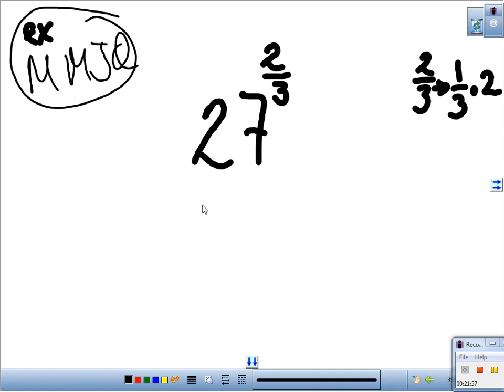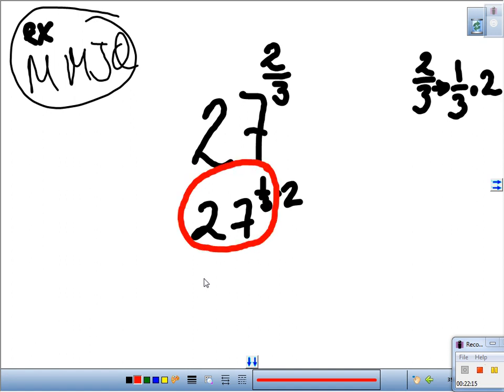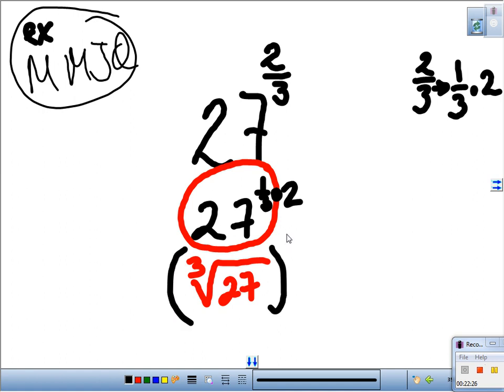Therefore, I'm going to rewrite this. 27 to the 1/3 times 2. You're just paying attention right now. Do we know what this is? Yes, radical 27 index 3. We have multiplication. Here it is. And what is the exponent? 2. Question. What number times itself 3 times gives us 27? 3.